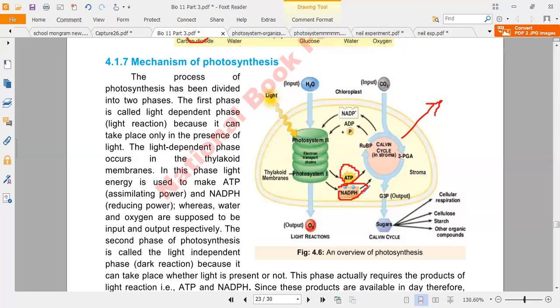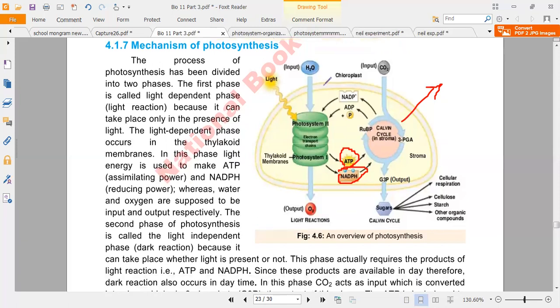The ATP and NADPH, which are in the reduced form, are then oxidized and change into NADP+ and ADP plus P, the oxidized forms of this energy, and these are used again to form the same energy components used in the Calvin cycle.